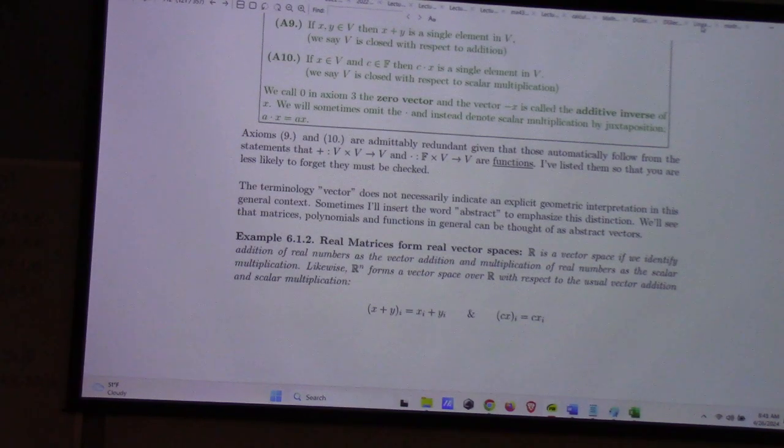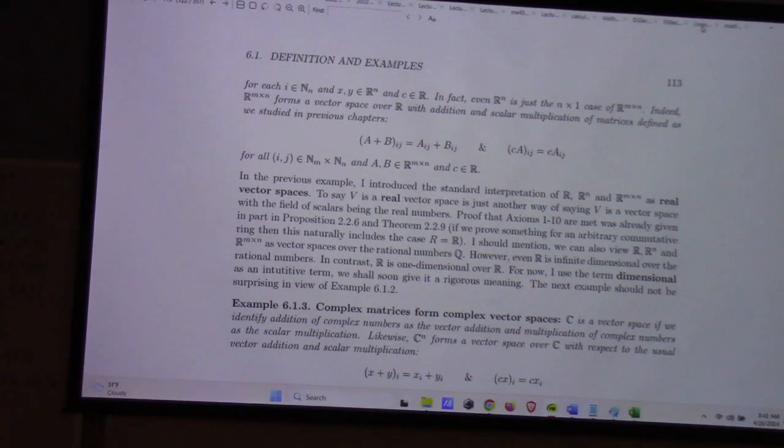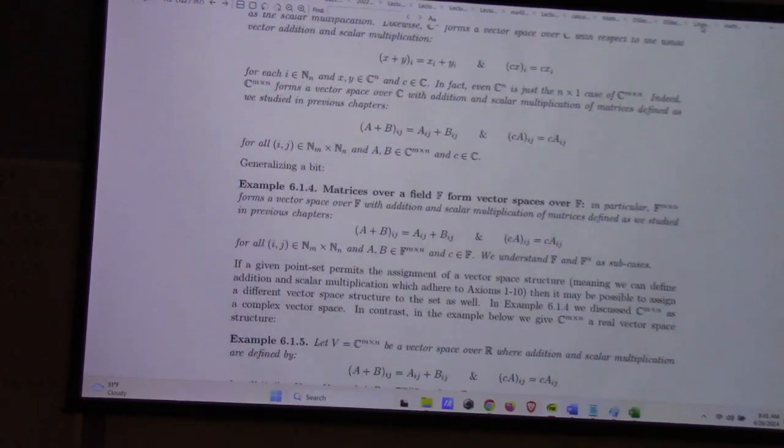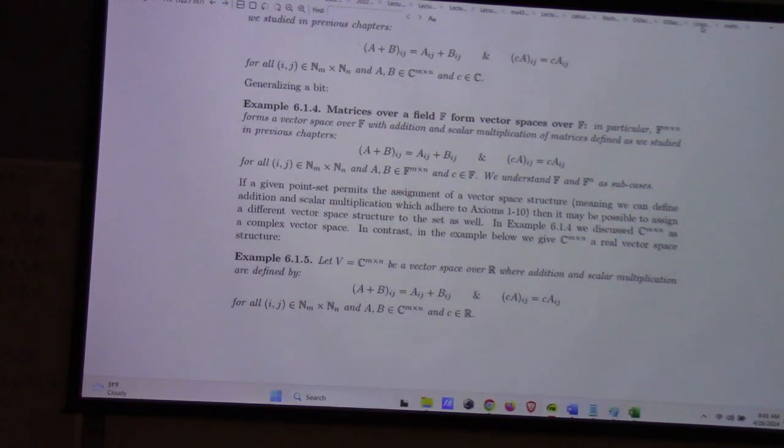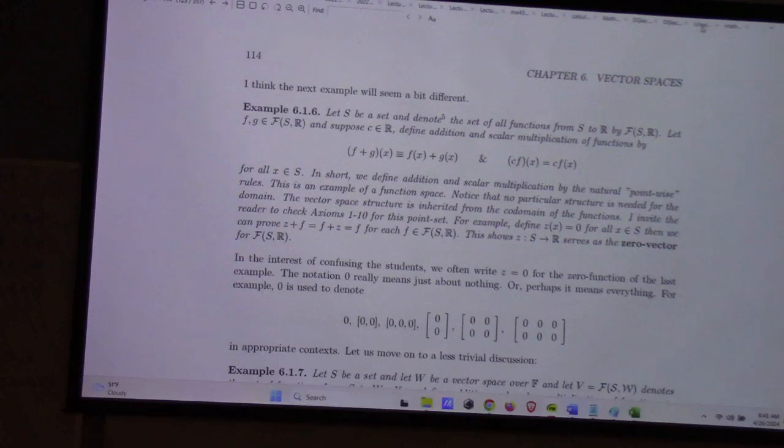Set of matrices, vector space. Complex matrices, vector space. Matrices over another field other than complex or reals, vector space over another field, whatever that is. Complex matrices, vector space, either over the complexes or over the reals. I said over. When we talk about an abstract vector space, we can choose different scalar multiplication.